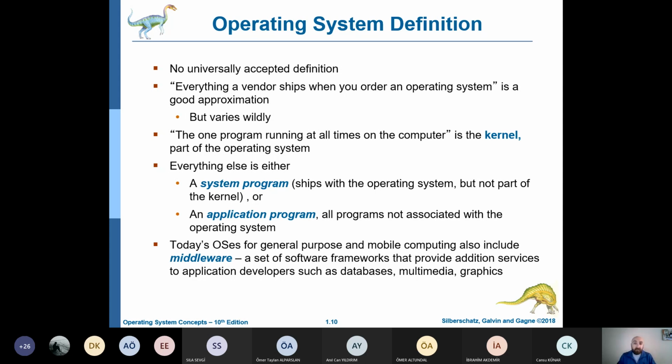In summary, for our purposes, the operating system includes the always-running kernel, middleware frameworks that help application development and provide features, and system programs that help in managing the system while it's running.